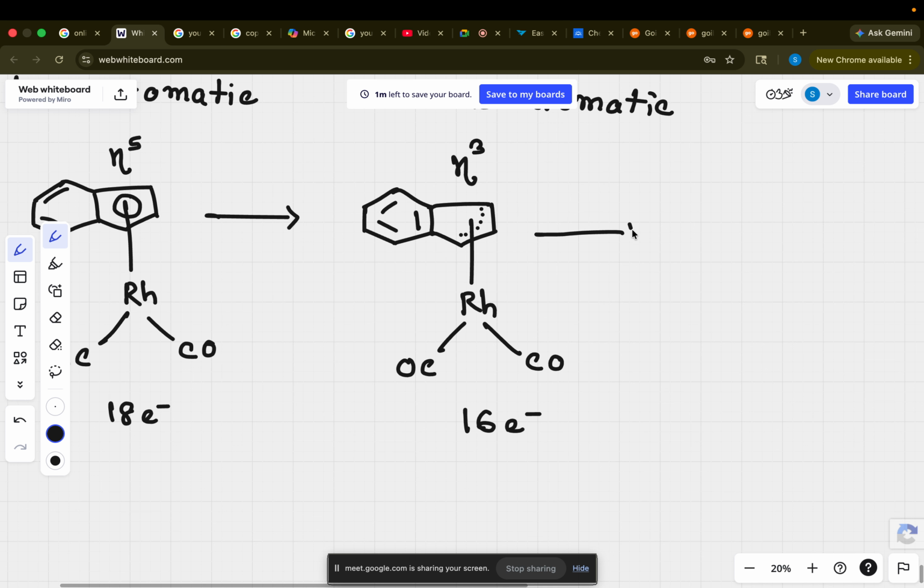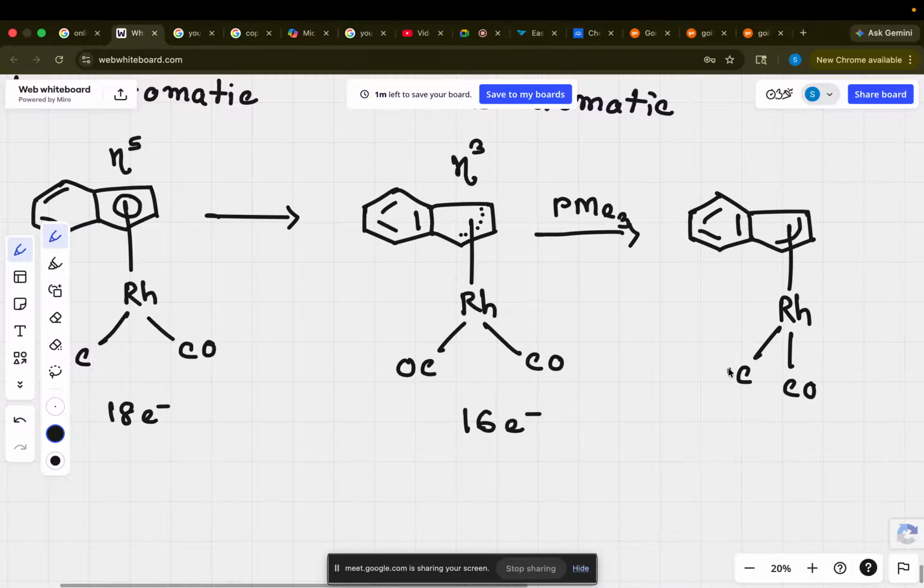Now suppose we are introducing one ligand, PMe3, trimethylphosphine. So what will happen? Here you have rhodium, you have two carbonyls here, and here you have PMe3, right?